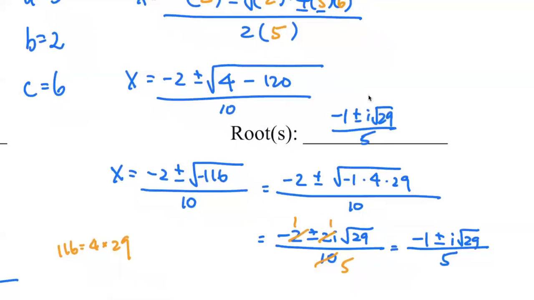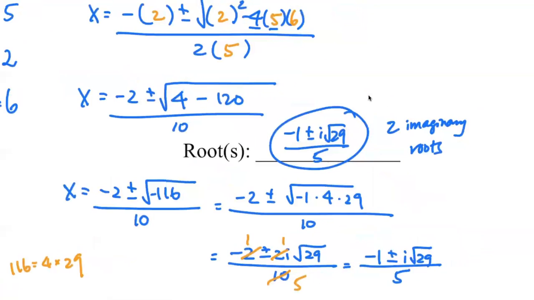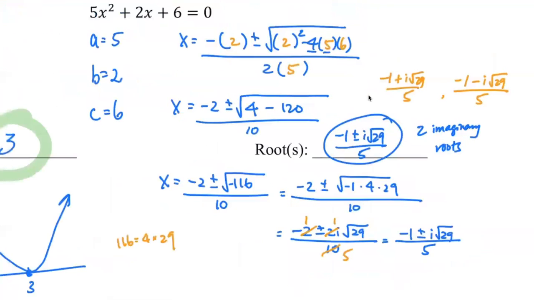Simplifying, and what do we have here? We actually have two roots, but these are two imaginary roots. So you can put this as the answer. Alternatively, you can break it down to negative 1 plus i root 29 over 5, and then negative 1 minus i root 29 over 5. Okay, so those are the two imaginary roots. So that's a key.